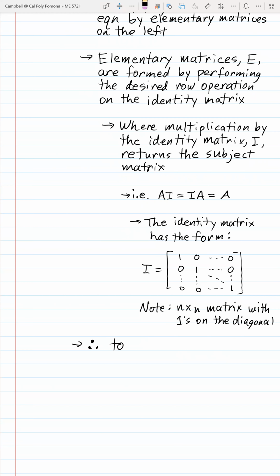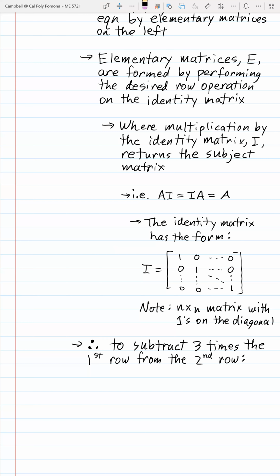So to subtract 3 times the first row from the second row, then what would we do?